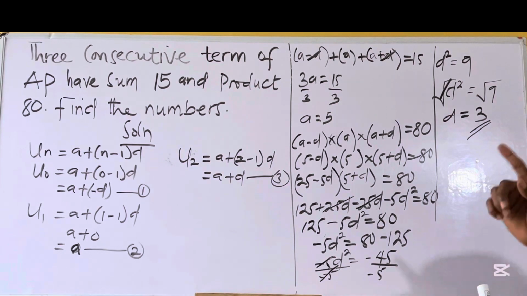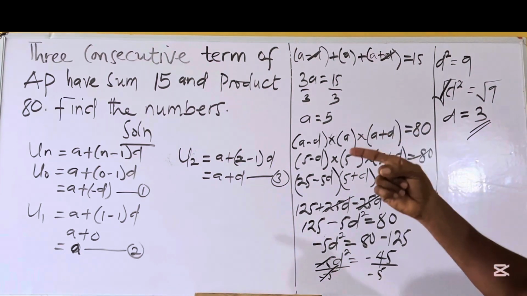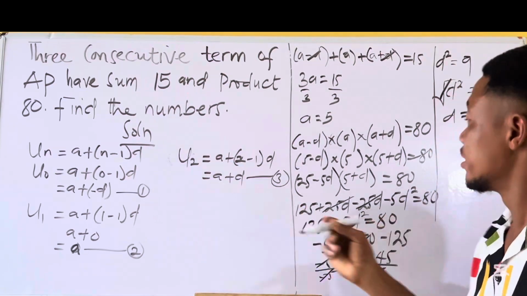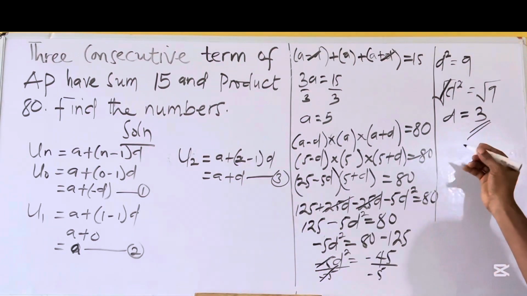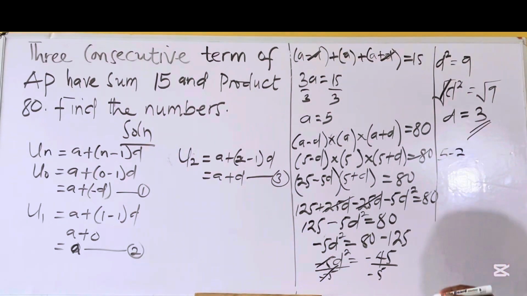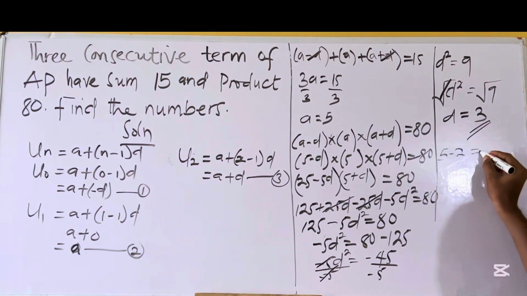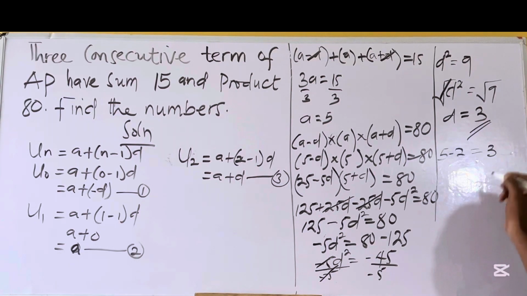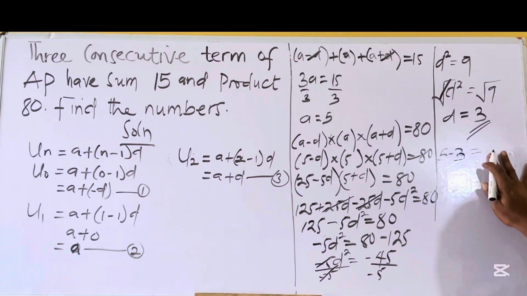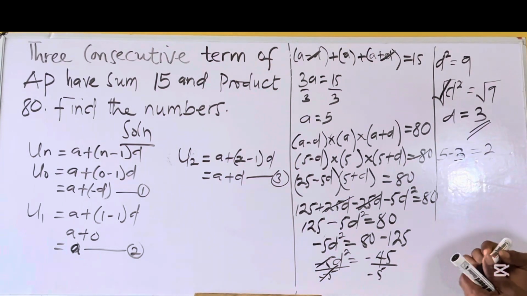Now the question says we should find the numbers. So the first one, they said it's a minus d. So a minus d, which is 5 minus 3, sorry, 5 minus 3, is going to give us 2 as our first term.